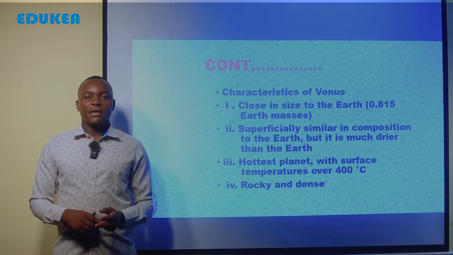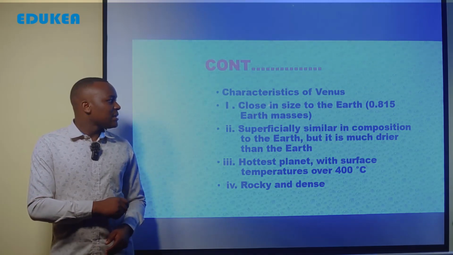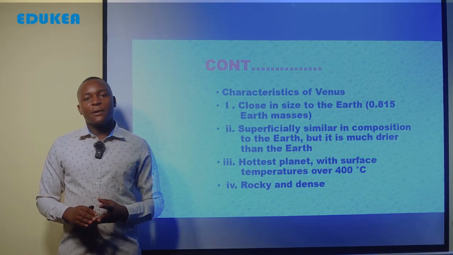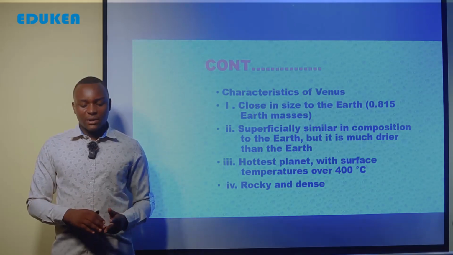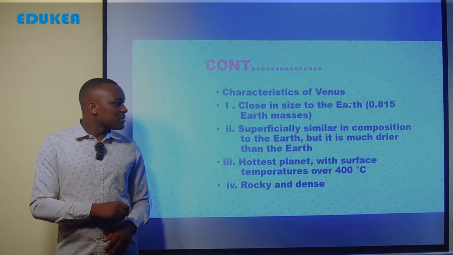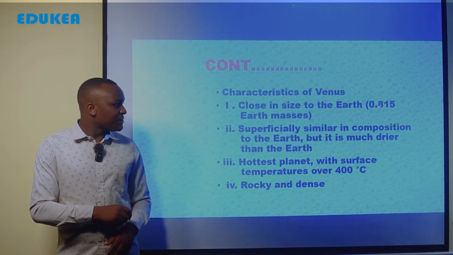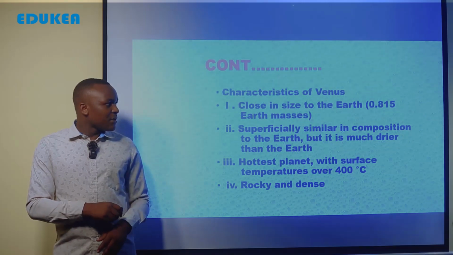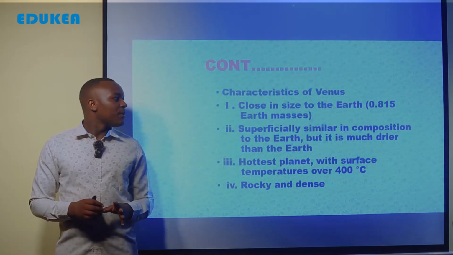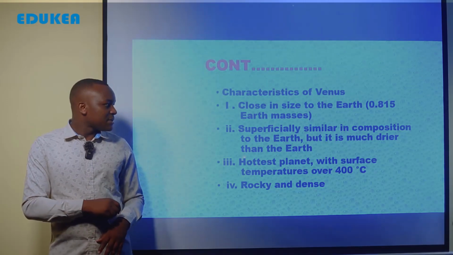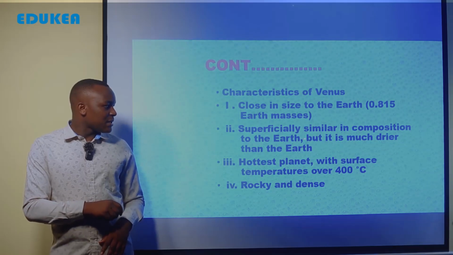We say that it is close in size to the Earth, sayari ambayo ipo karibu na dunia ni hii tunaita Venus, and its size is 0.815 Earth masses. It is superficially similar in composition to the Earth, but it is much drier than the Earth.